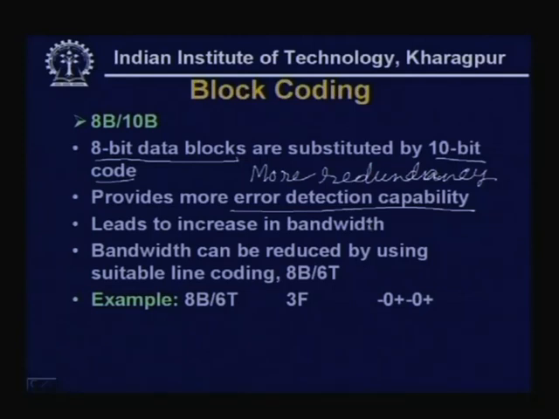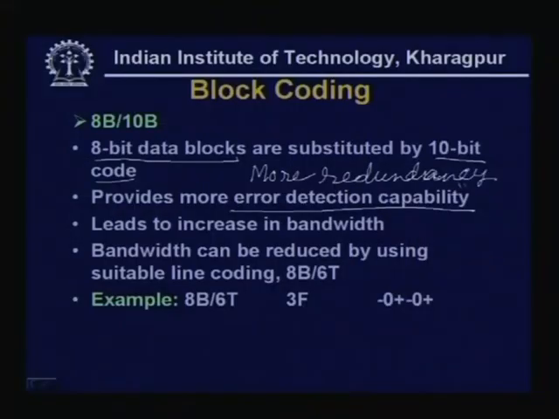Whenever you have more redundancy, there is more error detection capability. This error detection capability is advantageous, but the increase in bandwidth is not advantageous. So, this is acceptable, this is not acceptable.